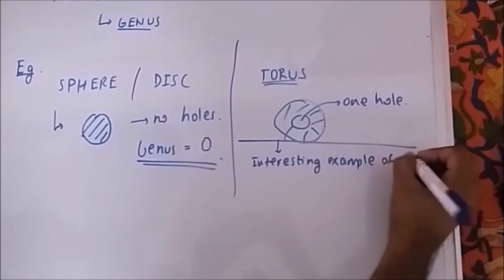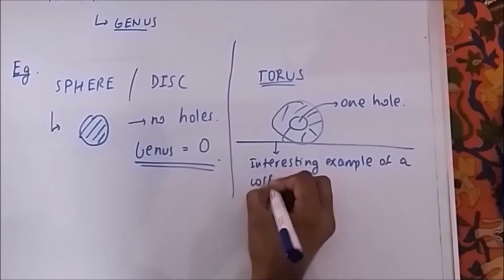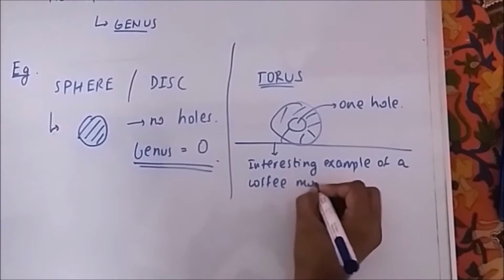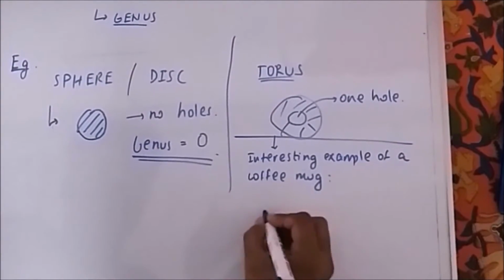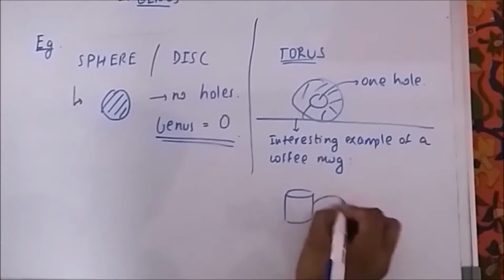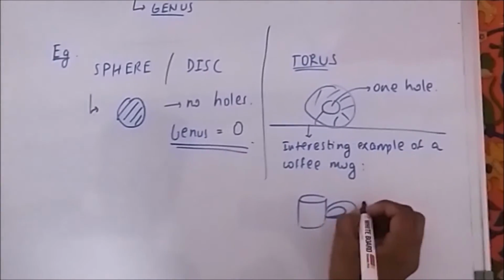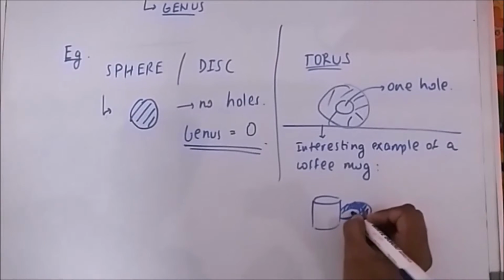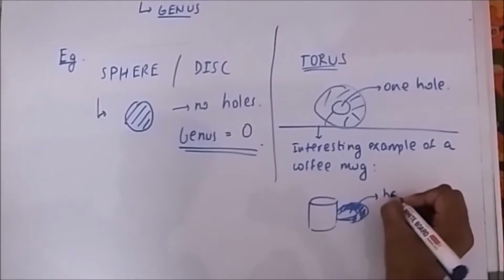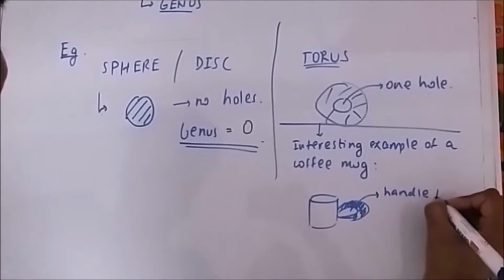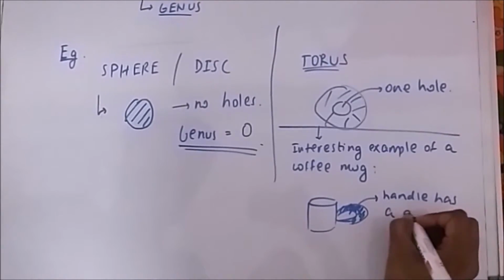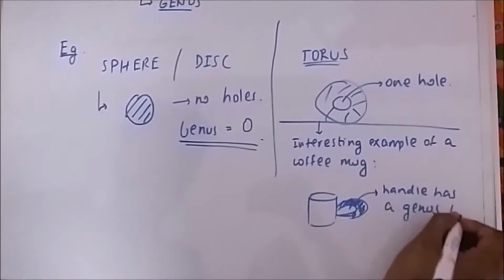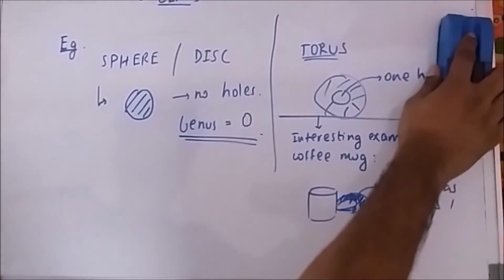An interesting example that I want to give you now is that of a coffee mug. I'm going to draw a coffee mug right now, and as you can see, its handle has a genus of 1 because it has one hole in it, right? So this is one interesting example that comes to our mind. Yes, the handle has a genus 1.